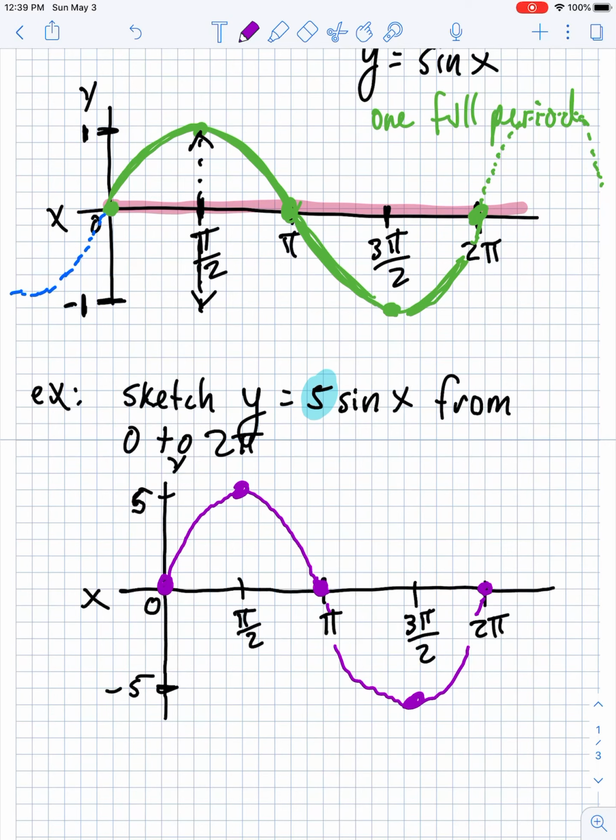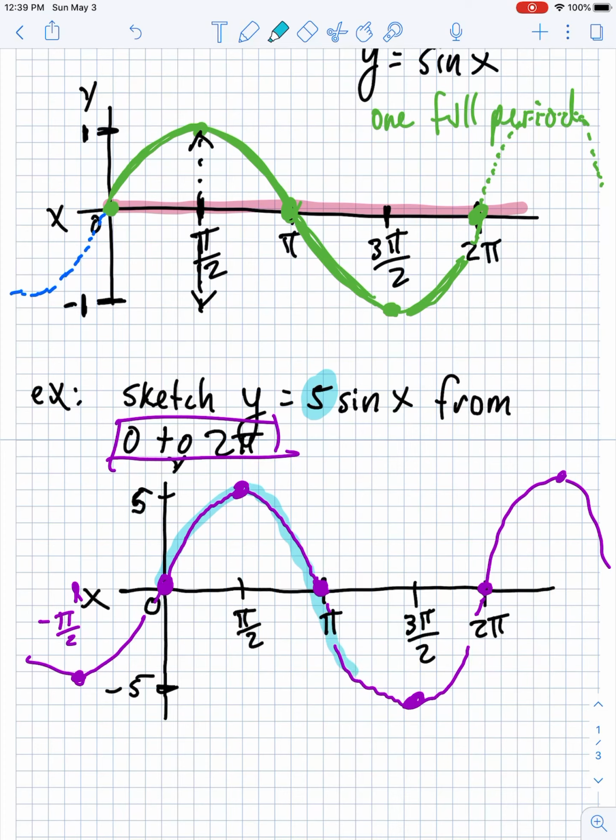Now, if they hadn't said to graph it from 0 to 2 pi, this would continue. It would go this way down here, this would be like -pi over 2. It would hit -5, and then it would go back up again. And then if you continued this way, it would go up the mountain again and then back down. But they said just to do one full period of it. So there we go. From 0 to 2 pi.